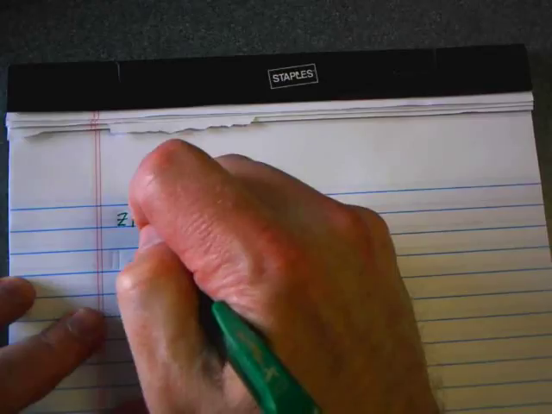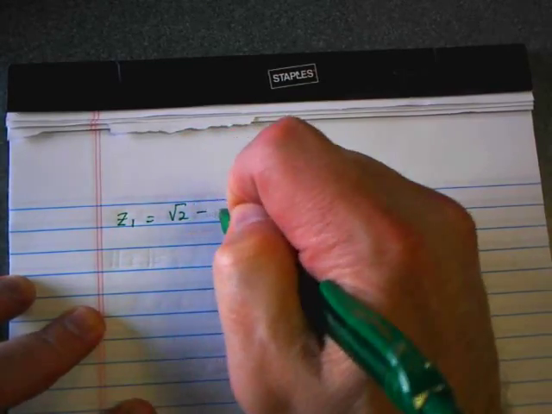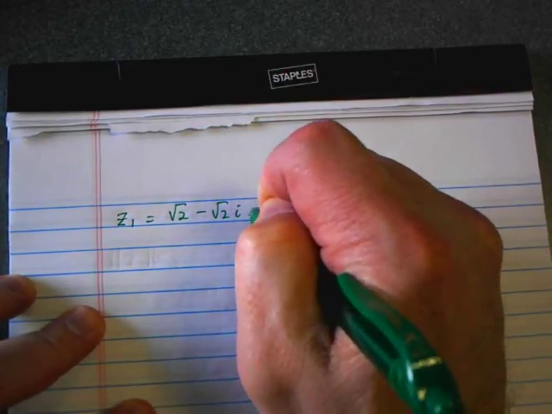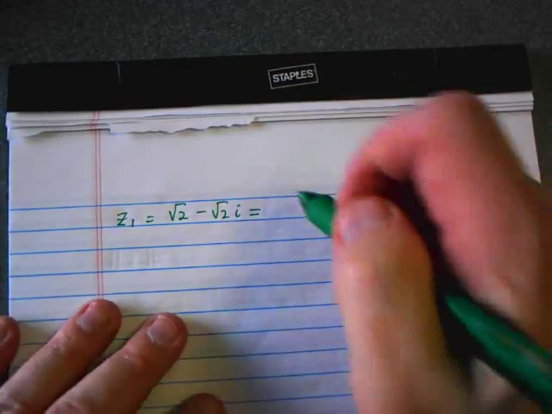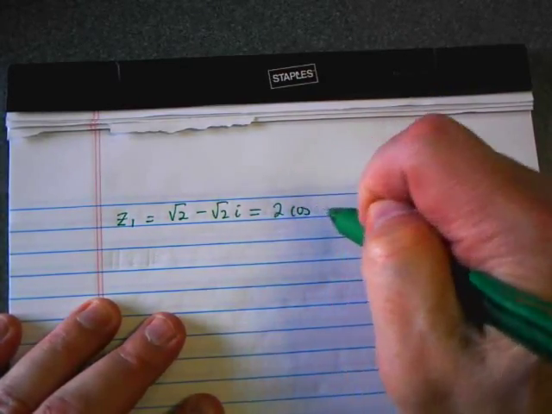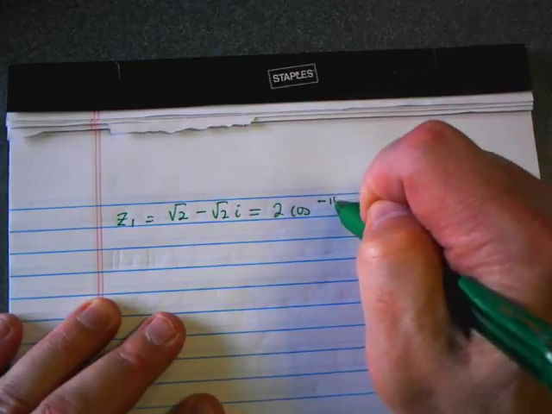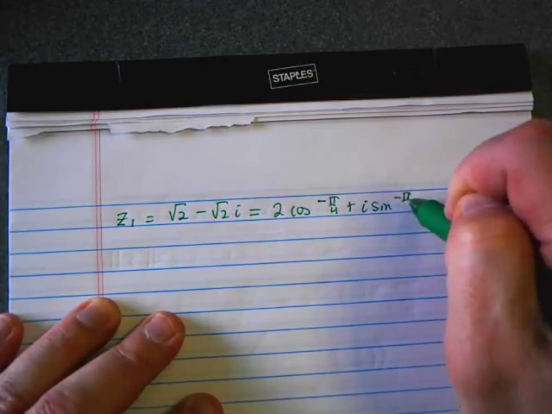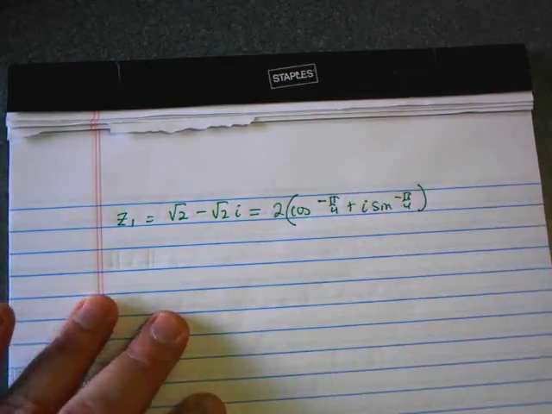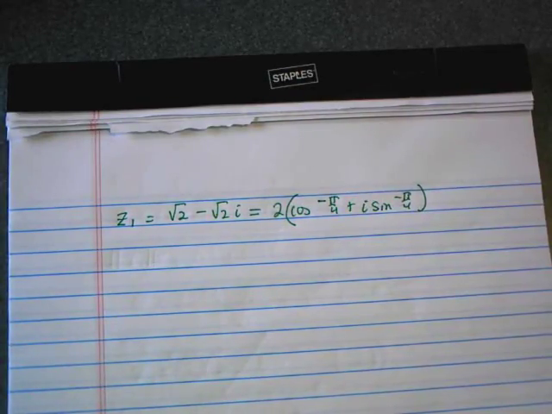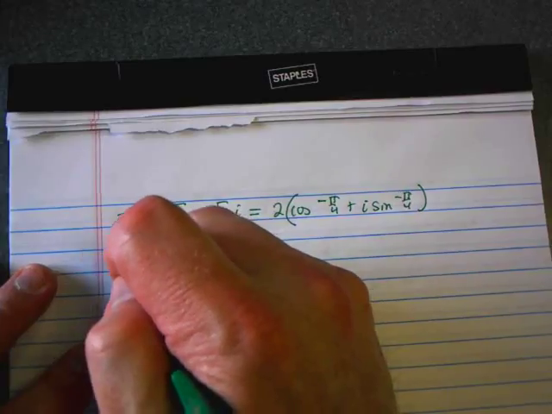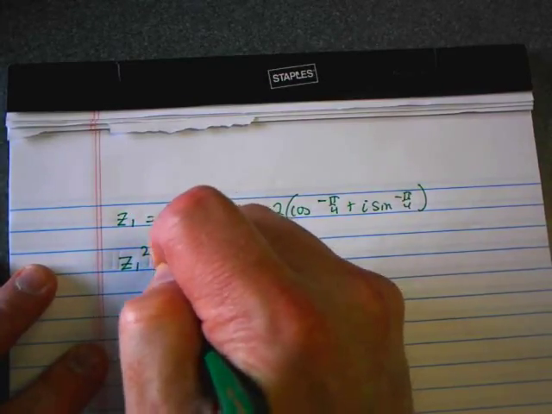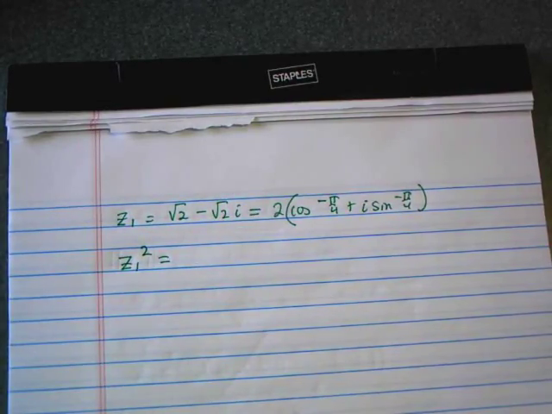Z1 was square root of 2 minus square root of 2 i, which we learned was 2 times cosine negative pi over 4 plus i sine negative pi over 4. What if I asked you to square Z1? How would you square a complex number?